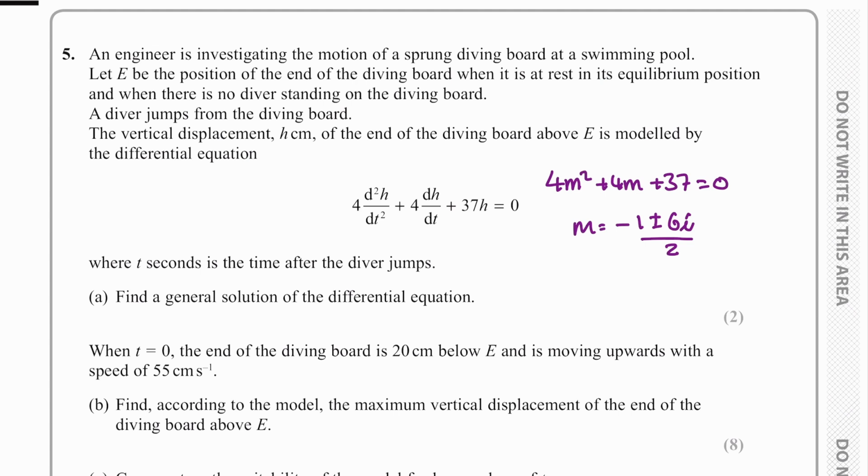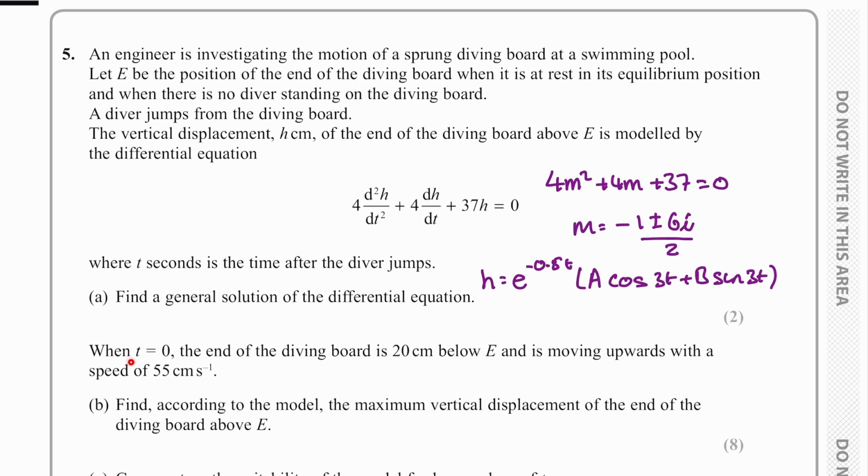So our general equation then will be h is equal to e to the power of this real part, so negative 0.5t, multiplied by a cos 3t, which is this imaginary part, plus b sin 3t. And this is our general equation.